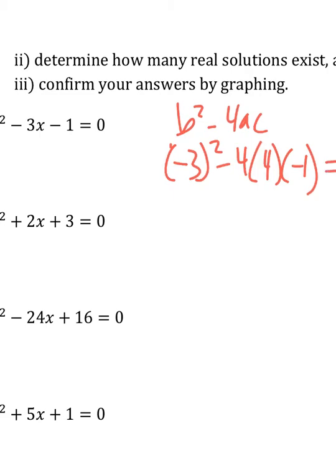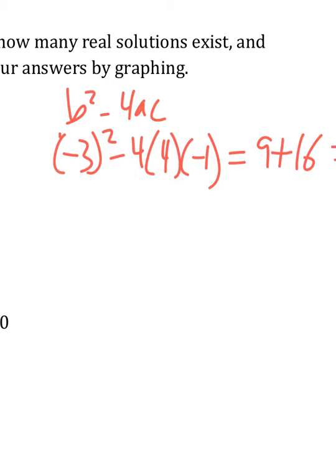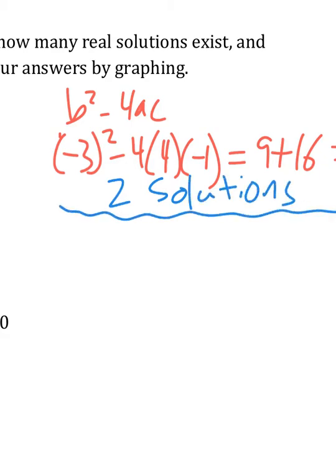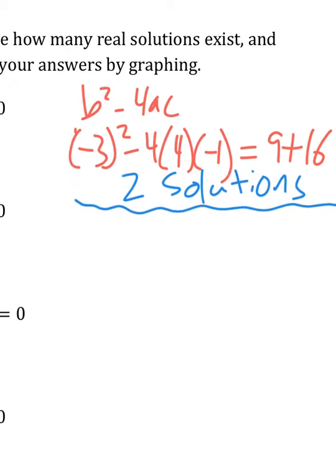That's 25, right? So how many solutions? 2. Okay, so 2 solutions. They'll be rational, by the way, because we can take the square root of 25, but okay, good.